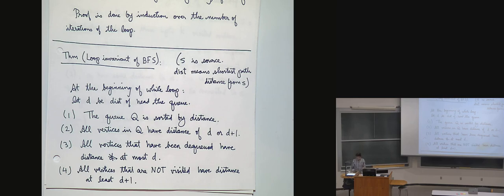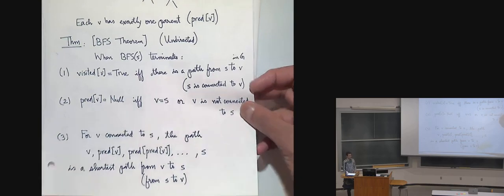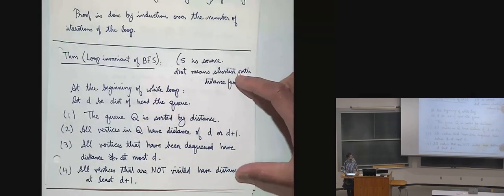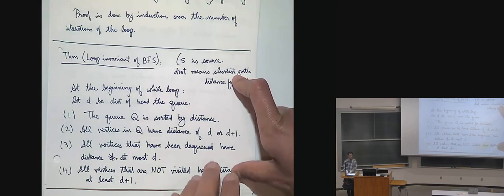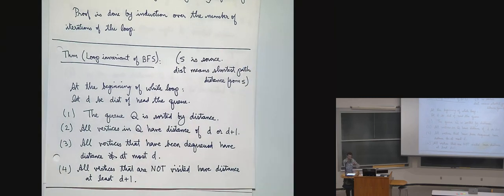And so what I want to do is then just spend a few minutes, or maybe more than just a few minutes, explaining how the loop invariant implies the BFS theorem. Just to be clear, the way it works is we will assume that this is true, and assuming this and only this, we have to prove the BFS theorem. To prove that this is true, there is another sequence of arguments, and that is given in the second homework. Does that make sense overall how the proof structure grows? It really is very logical in that you cannot assume something that you have not proven.